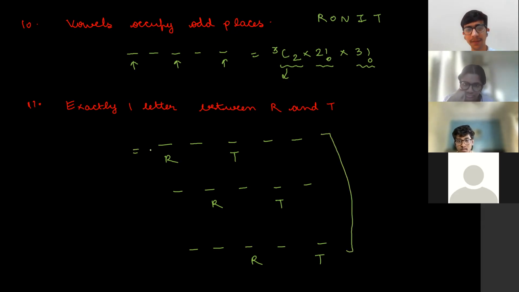एक केस के लिए मेरे कितनी टर्म्स बनेंगे? यहाँ पे मैं अरेंजमेंट कर सकता हूँ 3 फैक्टोरियल में जो भी खाली स्पेसेस हैं, because of the rest of the letters which I have. So 3 फैक्टोरियल से मैं इनका अरेंजमेंट कर सकता हूँ और R and T को भी तो रीअरेंज कर सकता हूँ मैं. मुझे क्वेश्चन में बोला I need exactly one letter between R and T. सो T and R के बीच में भी अगर एक लेटर होगा, that also makes sense, right?